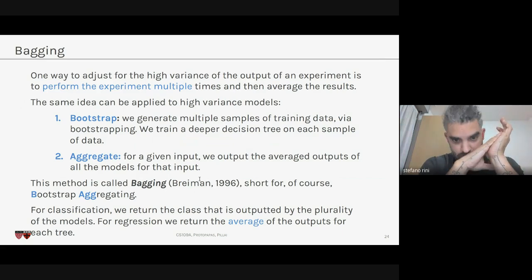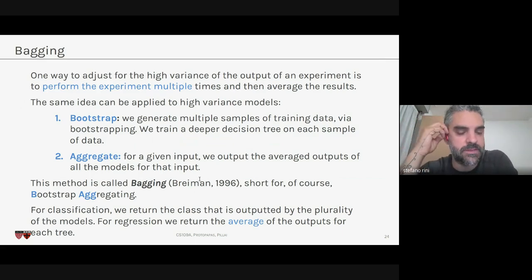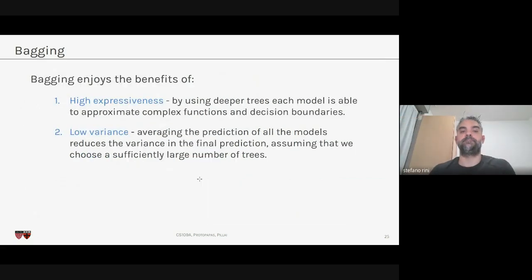And then the idea is that we aggregate the output of all the trees, and we use this for producing a prediction. And this is called bagging, which is short for bootstrap and aggregation. So for classification, we return the class that is the most popular among the models, and for regression, we return the average of the outputs of all the trees.